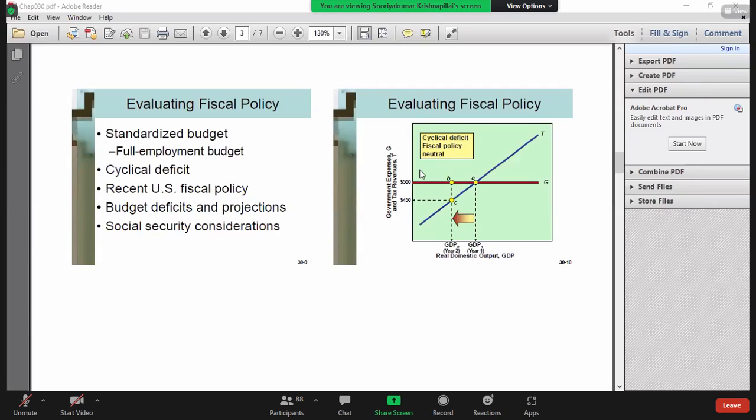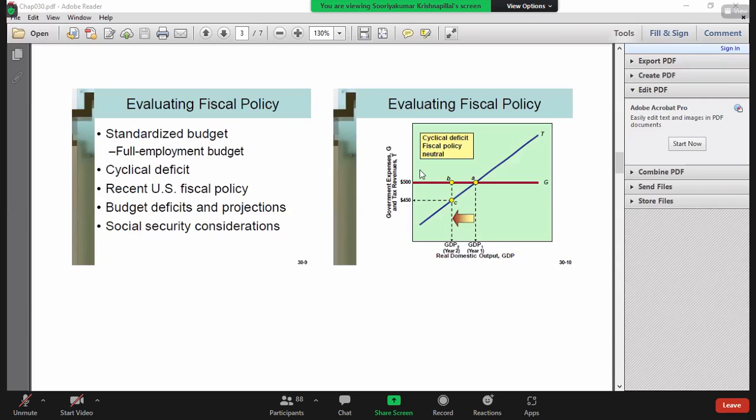So the government needs no fiscal policy to change, at the standardized full employment GDP. The government expenditure and tax revenue are 500 at the full employment GDP. So to bring the full employment GDP, government expenditure is 500 and the tax revenue also.